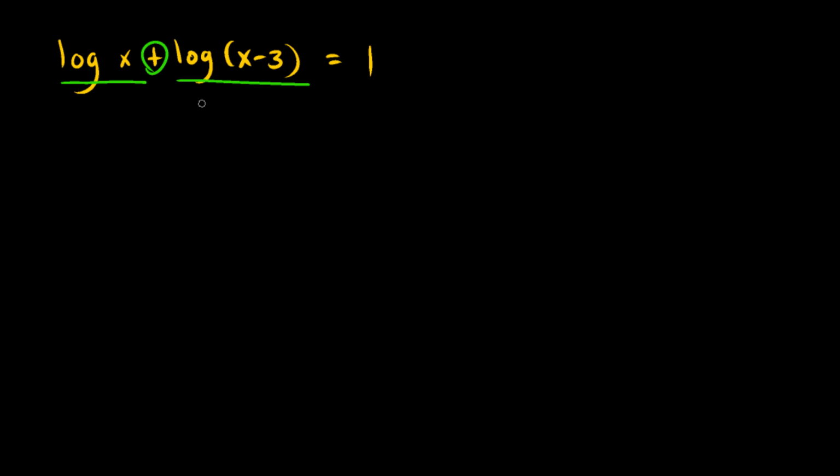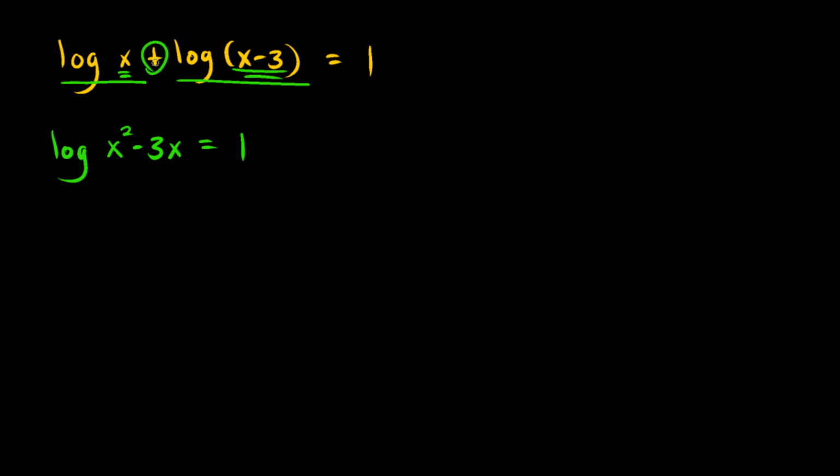They are both the same base, base 10. So we can condense them by multiplying this n value by this n value. So it's log of x times x minus 3, which is x squared minus 3x, equals 1.